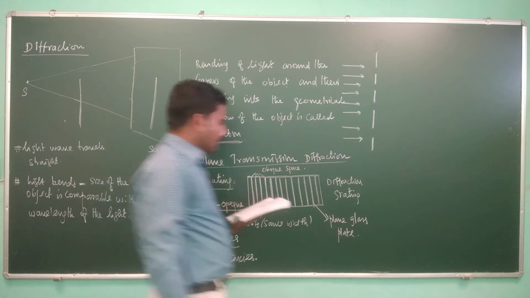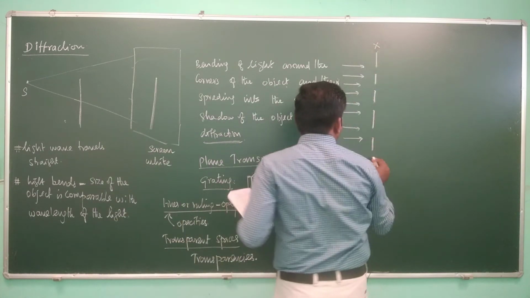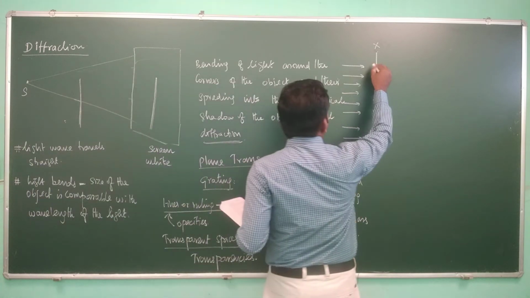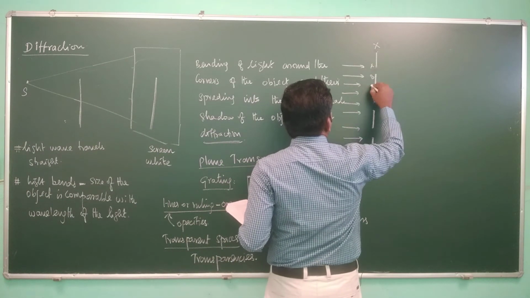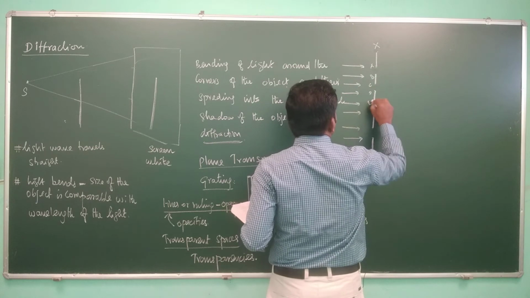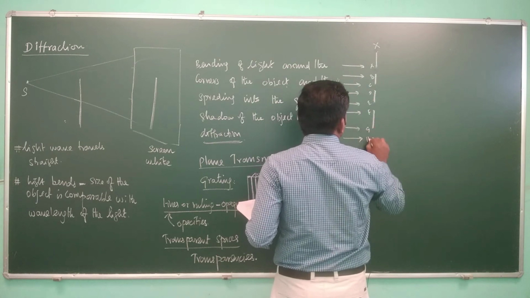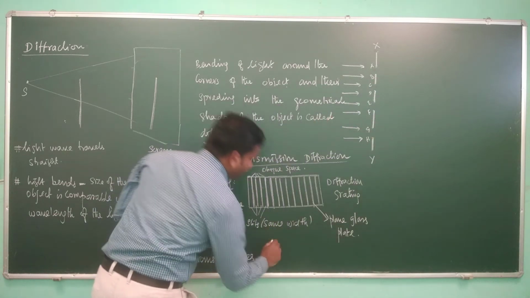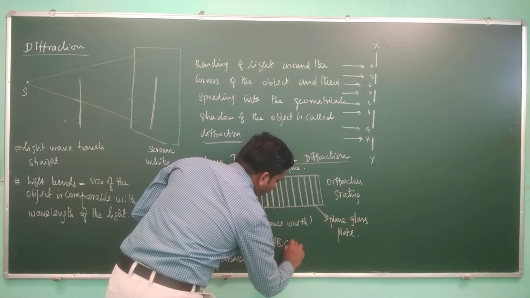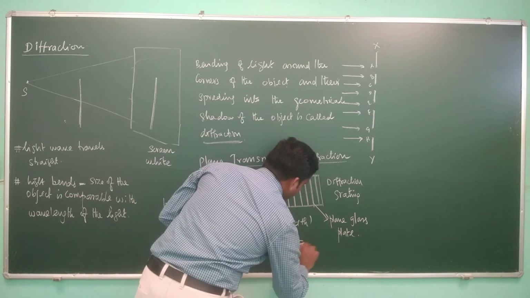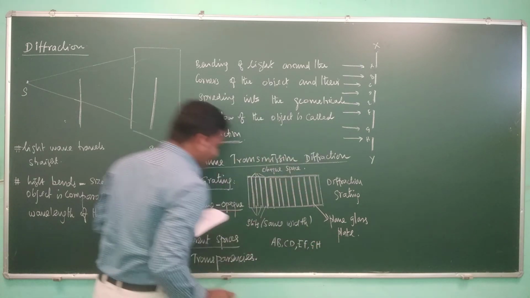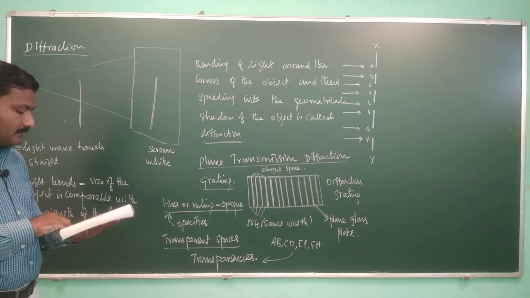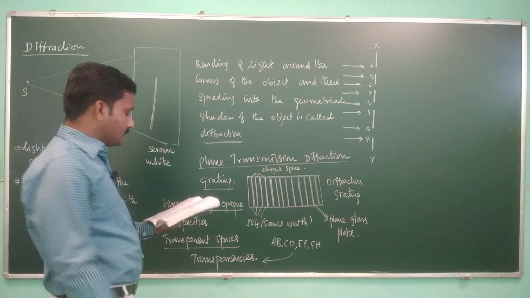Fine. Now let this grating be XY, and here these points, let's say A, B, C, D, E, F, G, H. These are transparent spaces or transparencies, or simply called slits.